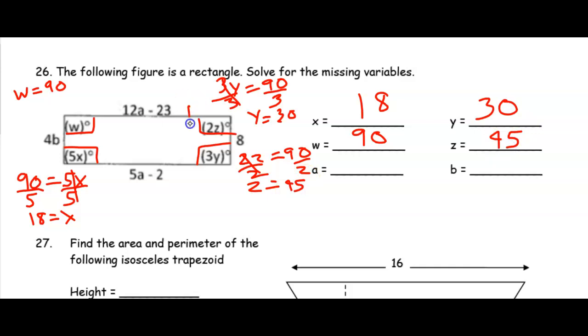All right, cool. Opposite sides are equal, so let's set those equal. 12a minus 23 equals 5a minus 2. Let's get rid of that smaller a, minus 5a. 7a minus 23 equals negative 2. Then you've got to get rid of that minus 23 by adding 23.